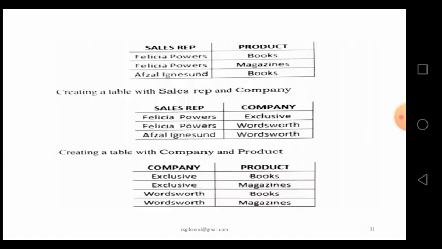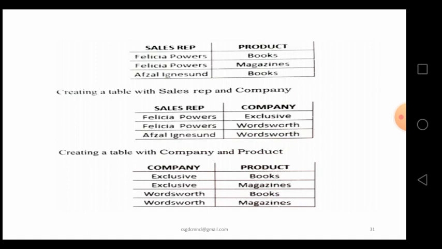Sales representative and product can be divided into one table, sales representative and company into another table, and company and product into another table.